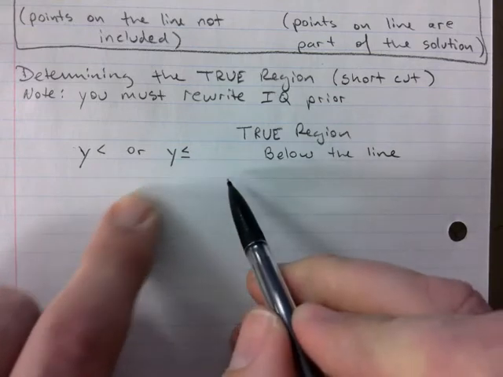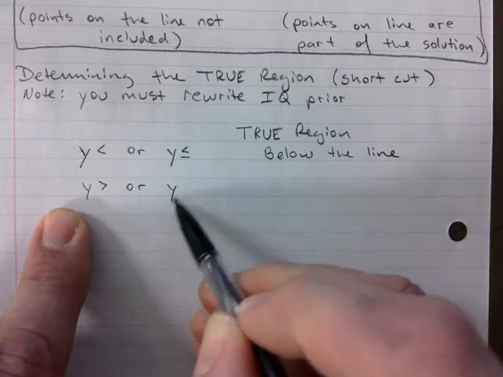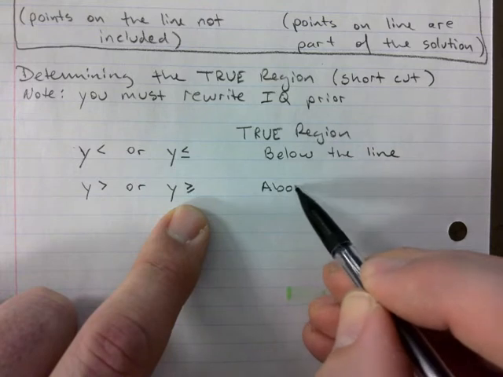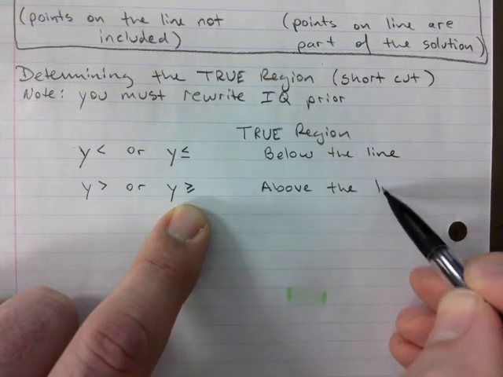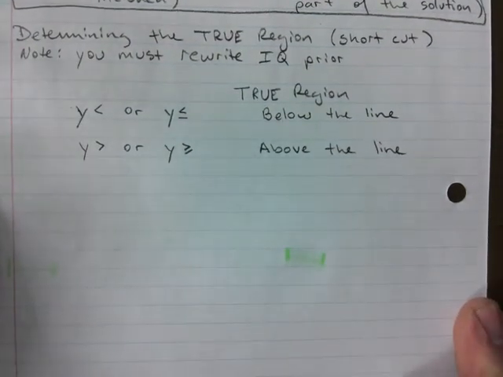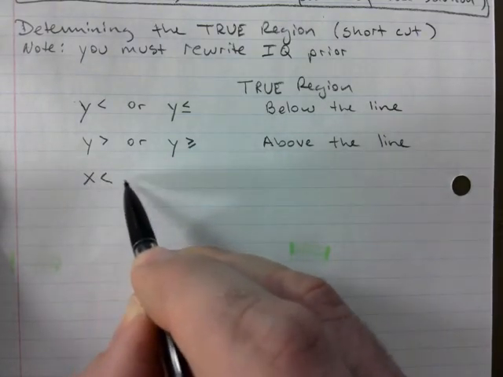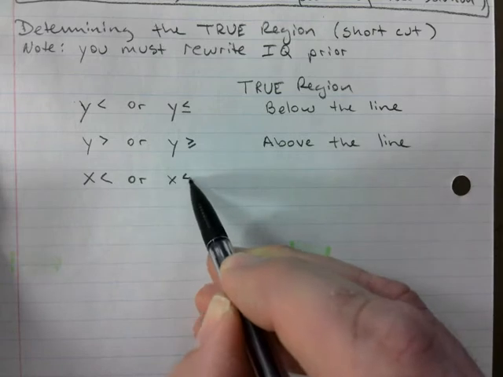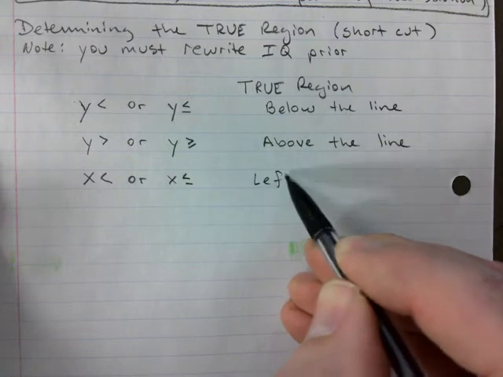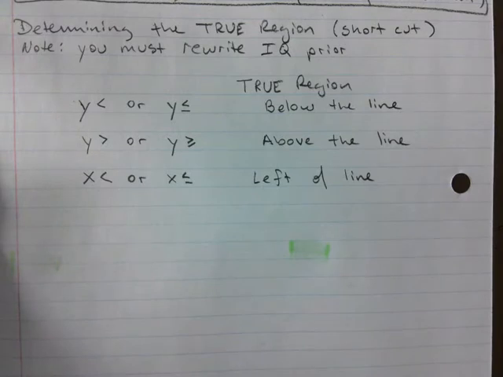Okay. If you had y is greater than or y is greater than or equal to, the true region is above the line. And here, this is another one. If you have x is less than or x is less than or equal to, the true region is left of line. Because remember, x equaling a number is a vertical line.